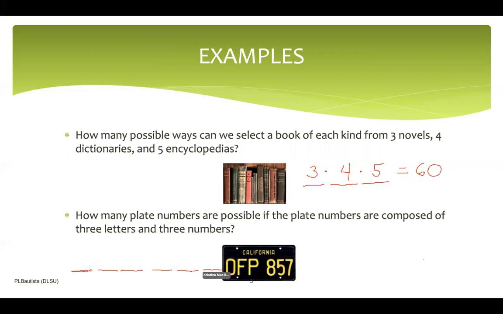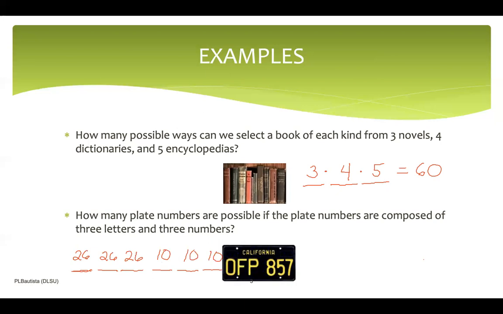For the letters, we have 26 letters in the alphabet. So for the first 3 blanks, you have 26 possible letters to choose from. While for the digits or the numbers, you will have 10 possible numbers to choose from. Each of the numbers from 1 to 9, and then also 0 is possible.